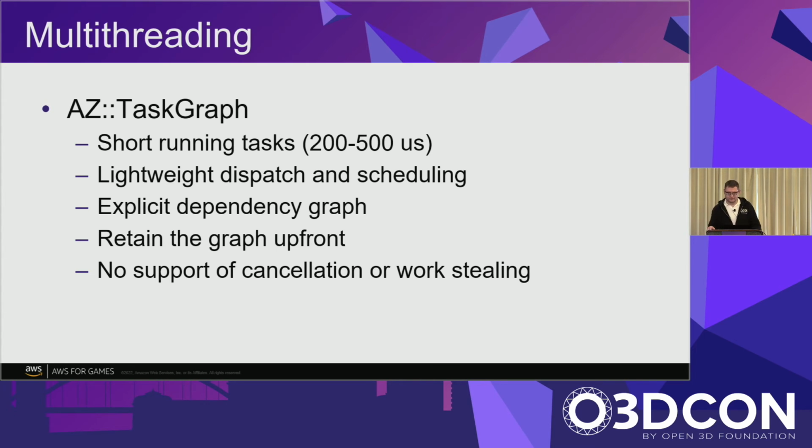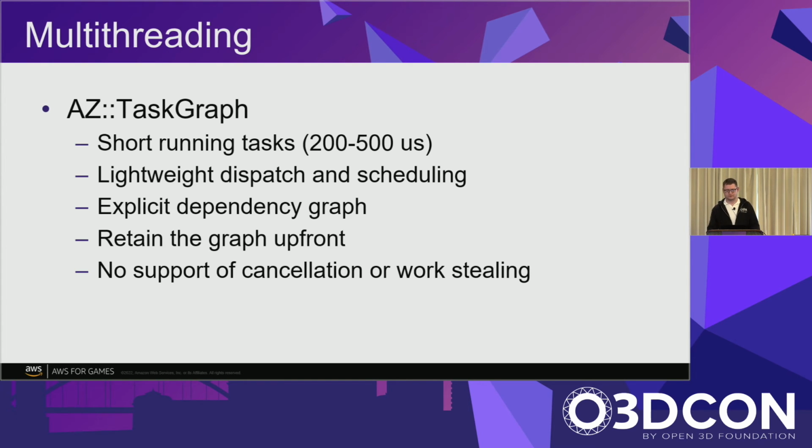With the task graph, you have to set up the graph explicitly up front. For example, once it starts running, you can't keep adding new tasks into the graph. You can also retain the graph and avoid dynamic memory allocations, unlike with jobs, where you need to create a job, and once it gets done, it gets deleted.